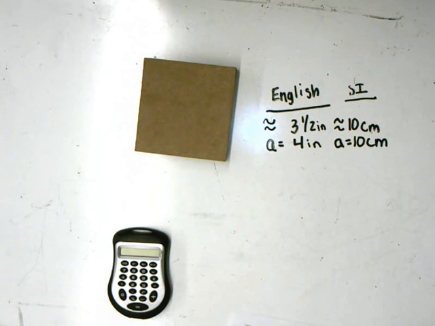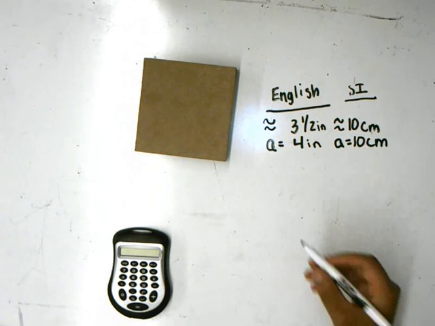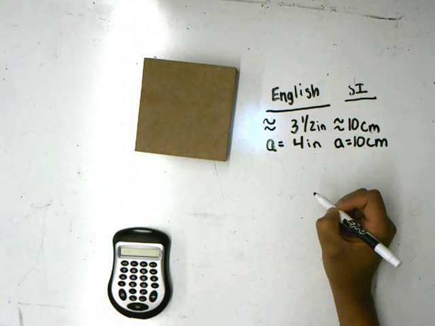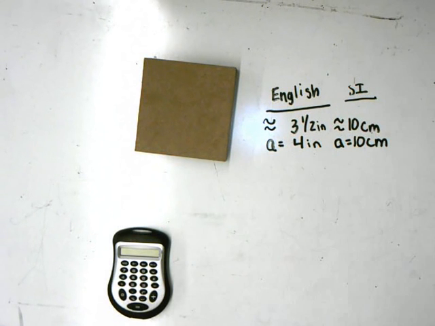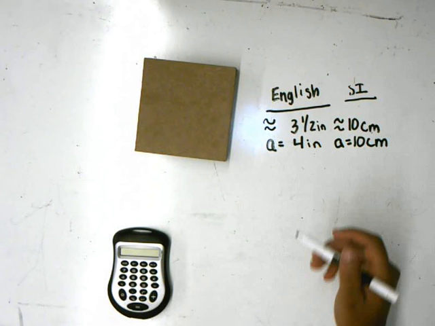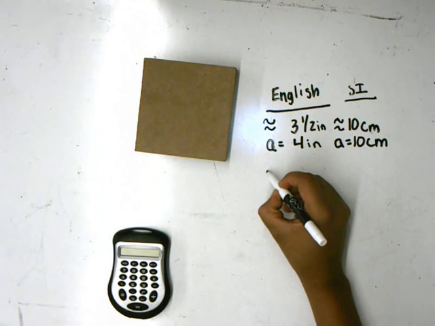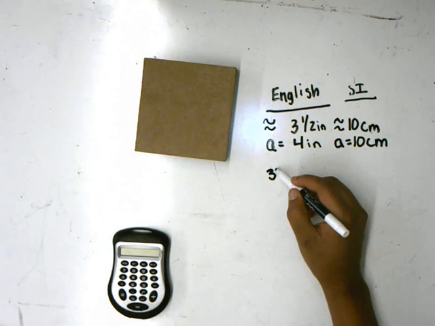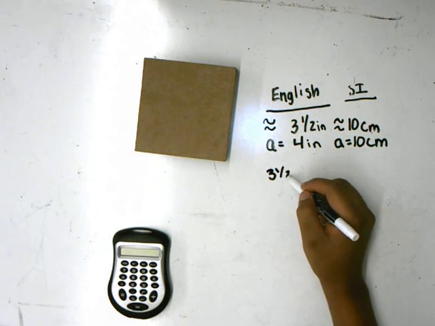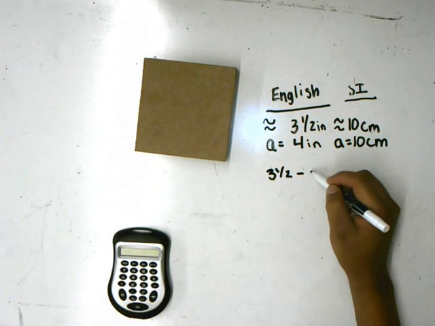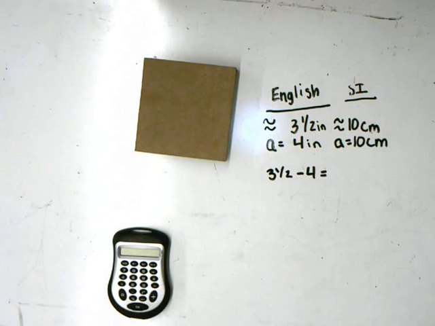I'm going to find the difference in English, which is going to be 3.5 minus 4 equals, and this is when your calculator comes in handy.